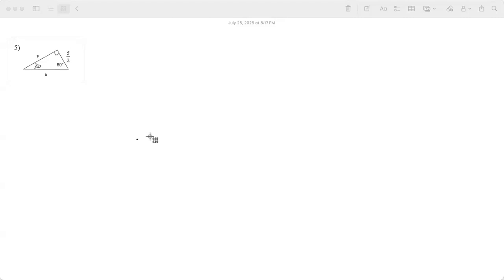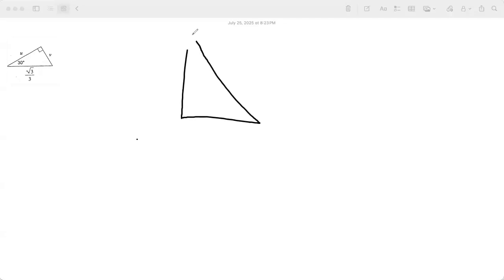This one is a good question. Oh my God, what did I do? Okay, if you want, I can redraw this. It is a 30, 60, 90 triangle. However you draw, you'll have to remember the basics. Then only it will become easy.